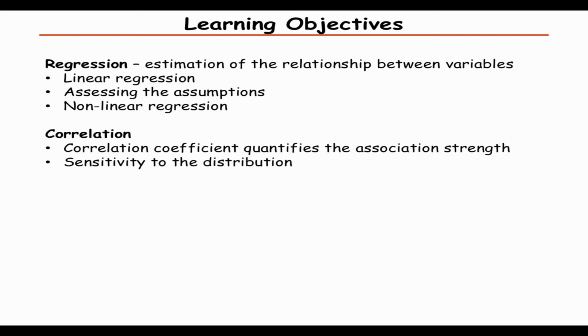And the other part of the lecture is on correlation. We calculate correlation coefficients to quantify how strong the association is between the different variables. And this is, of course, very important, because if we just see a weak correlation and we only have measured a few points, that could of course just be because at random we got a spurious correlation.